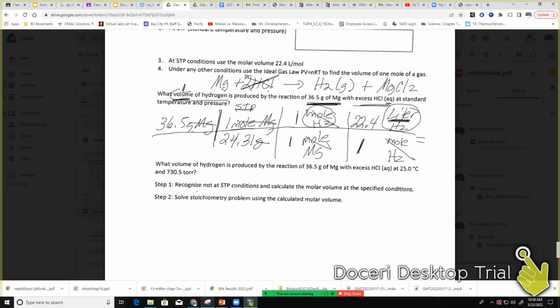So now you just need to put it in your calculator and adjust for sig figs. How many sig figs would we have at the end here? 3, exactly. 33.6. That's what I got. 33.6 liters would be your units.